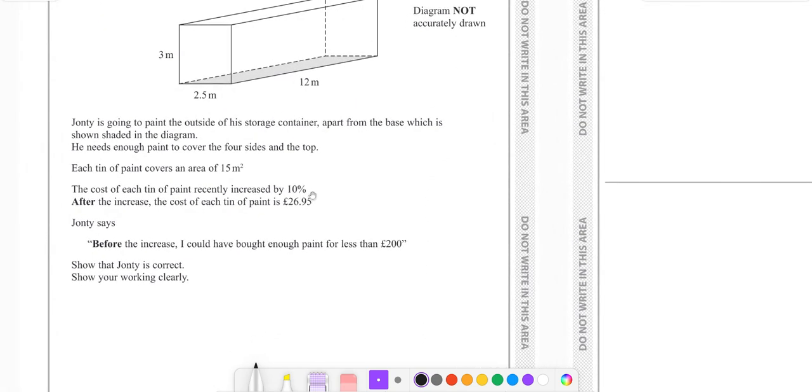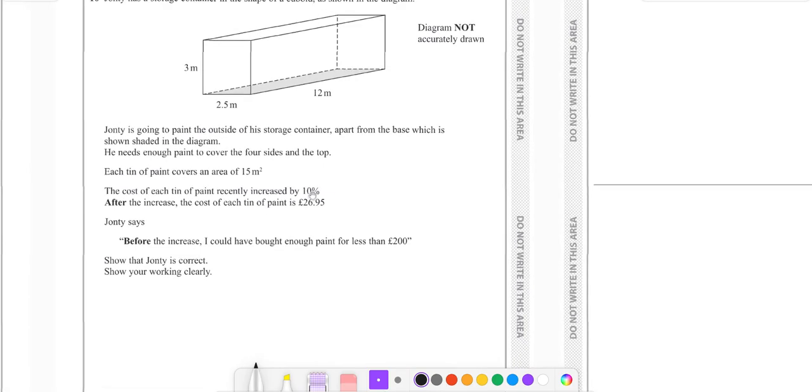Okay. Well, the first thing we need to do is work out the area to paint.